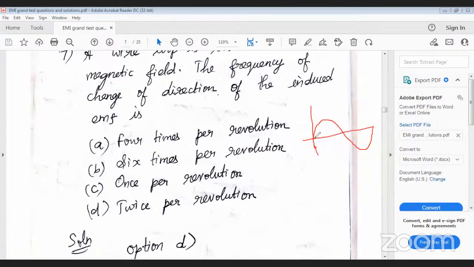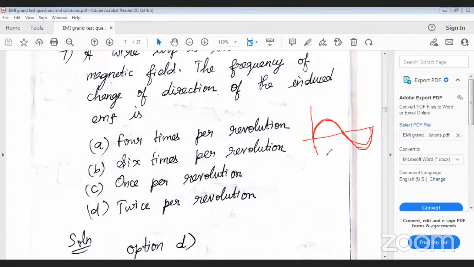One change of direction, and then after one half cycle you will have a second one. So for one complete revolution, you will have a change in direction of the induced EMF 2 times per revolution.